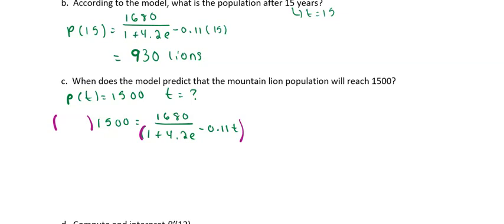So let's try that. That'll leave us with 1 plus 4.2 e to the negative 0.11 t equaling 1680 divided by 1,500.